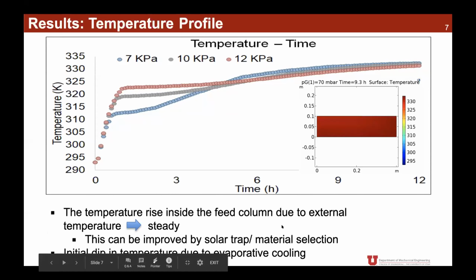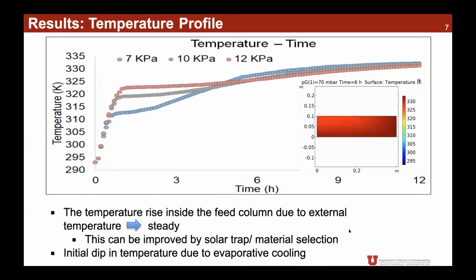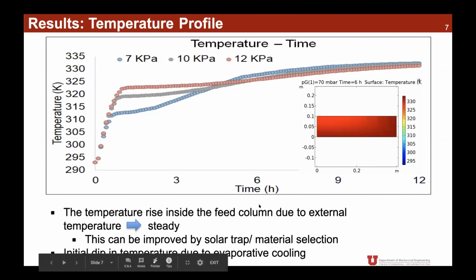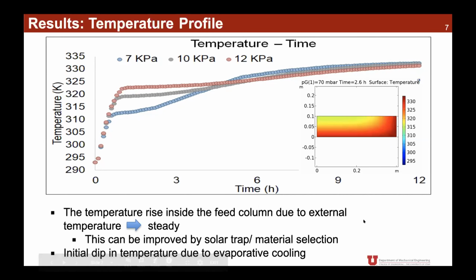What's happening is that as the evaporation occurs, there's a dip in the temperature profile which happens due to the evaporative cooling. As the water evaporates, it has a cooling effect on the entire system, which keeps the temperature from rising suddenly. And as the evaporation rate slows down due to the moisture content, the temperature will rise.